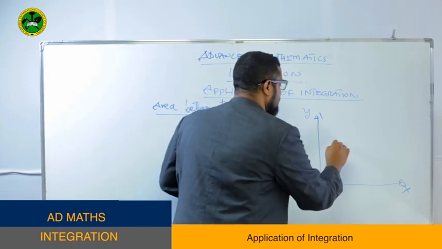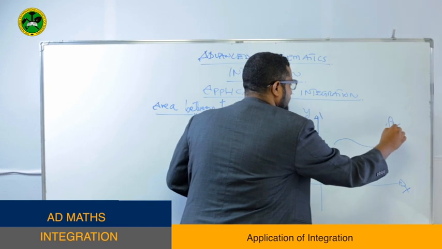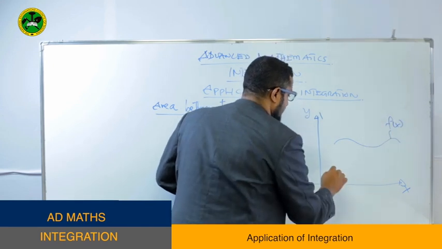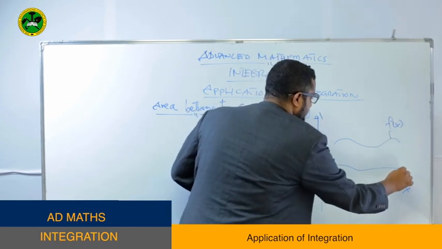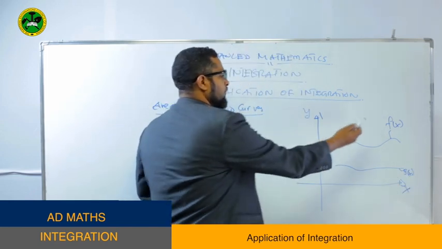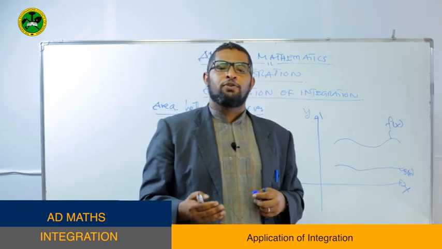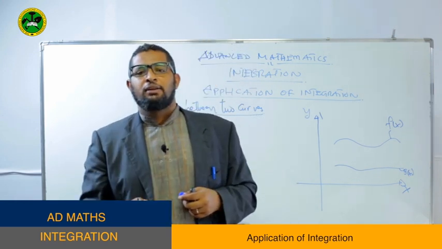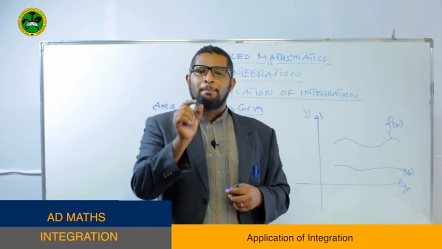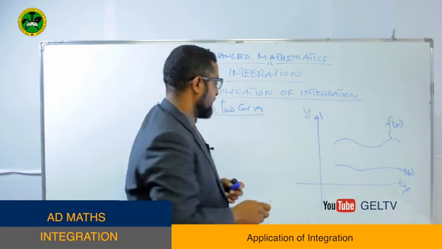So let's assume we have this curve, name it f of x, and another one at the bottom, call it g of x. So f of x and g of x are the two given curves that you're supposed to find the area formed between, but in a specific limit that will be given in the question.